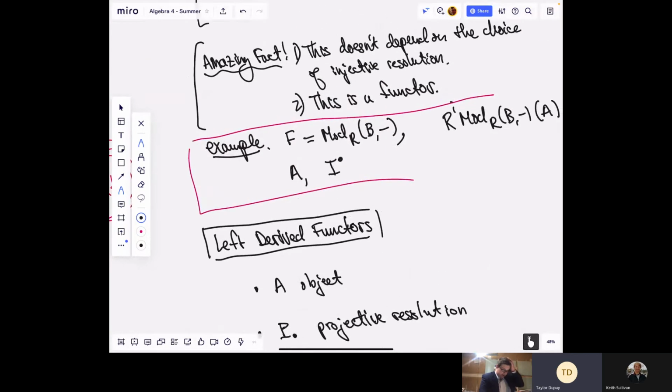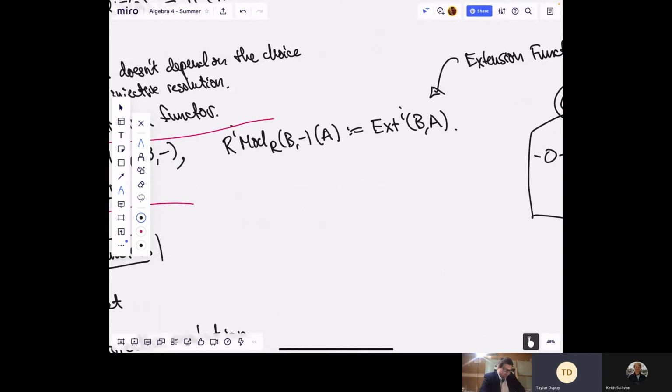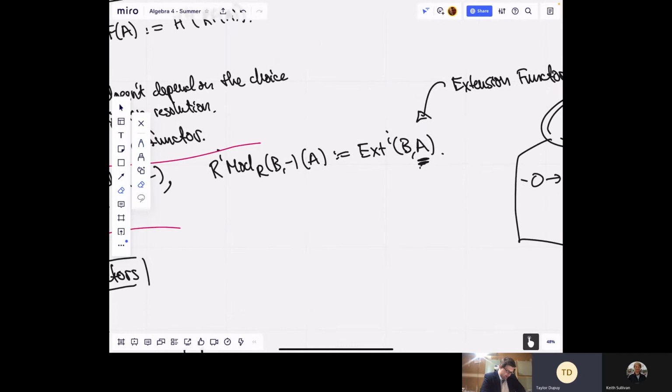They can also be defined in another way, by doing a projective resolution on this other component, and then applying Hom(A, -) to that sequence, and then taking homology.